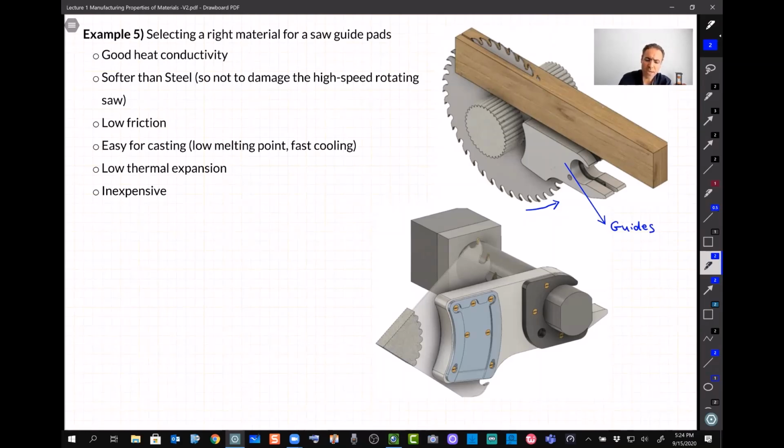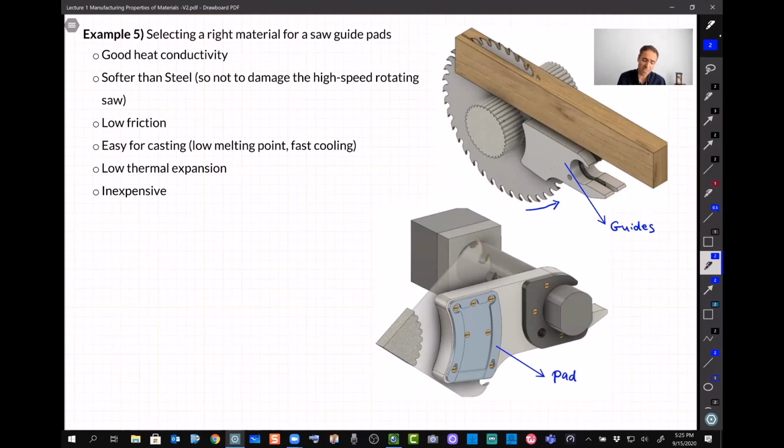If we look inside this guide at each side, we'll see a pair of pads. Here on this image below, this is what we call a guide pad. In the image that I show, I just show a portion of the saw, and I show the saw on the other side.